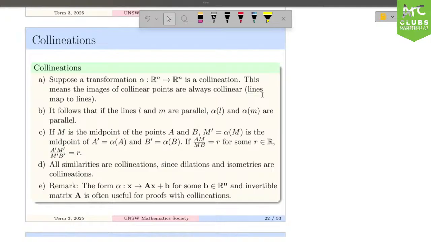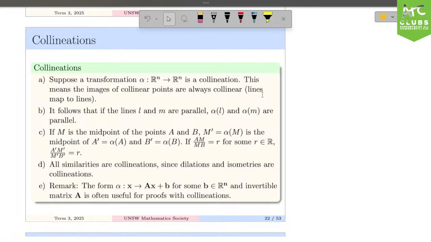This can be generalized to say that if there are points A, C, and B that are all collinear and C is between A and B, and if AC over CB equals R, then A prime C prime over C prime B prime is equal to R. So the stretches are uniform, in summary.